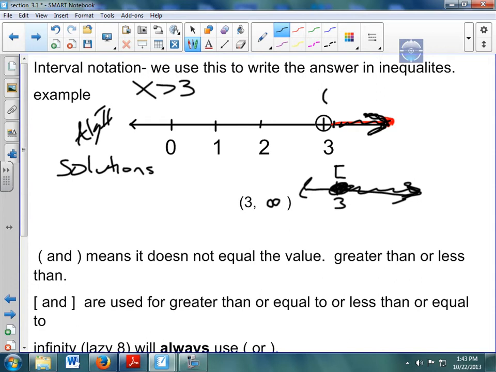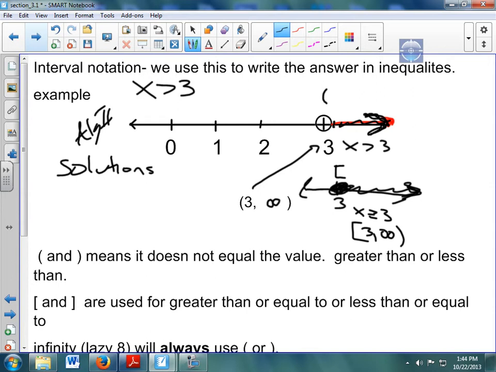So this would be x greater than or equal to 3. This is x greater than 3. And this is the solution for that one. The solution for this one that's greater than or equal to would be bracket 3 to infinity.